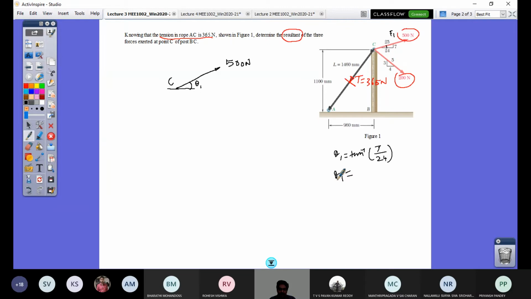Shift tan inverse, the answer is 16.26 degrees. So this angle here is 16.26 degrees.